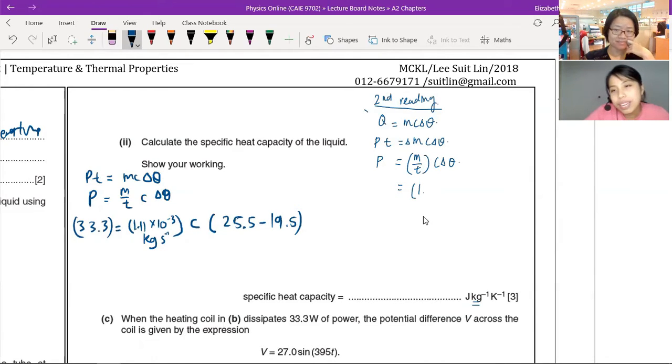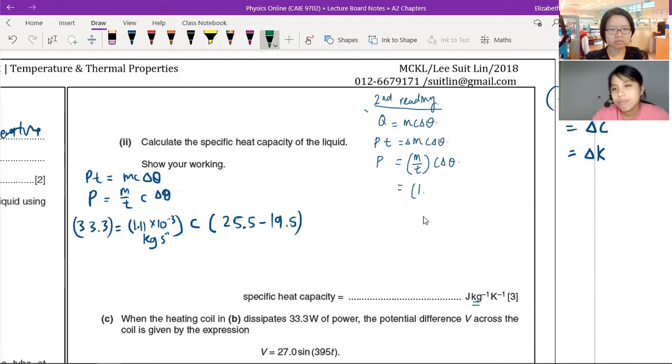25.5 minus 19.5. You should remember from the previous example video lah. If this is in Celsius, this will be the same amount as if you put it in Kelvin and then you minus. On this side, you're going to put 273.15, and up here you're going to have another 273.15. So you will minus away the same amount.